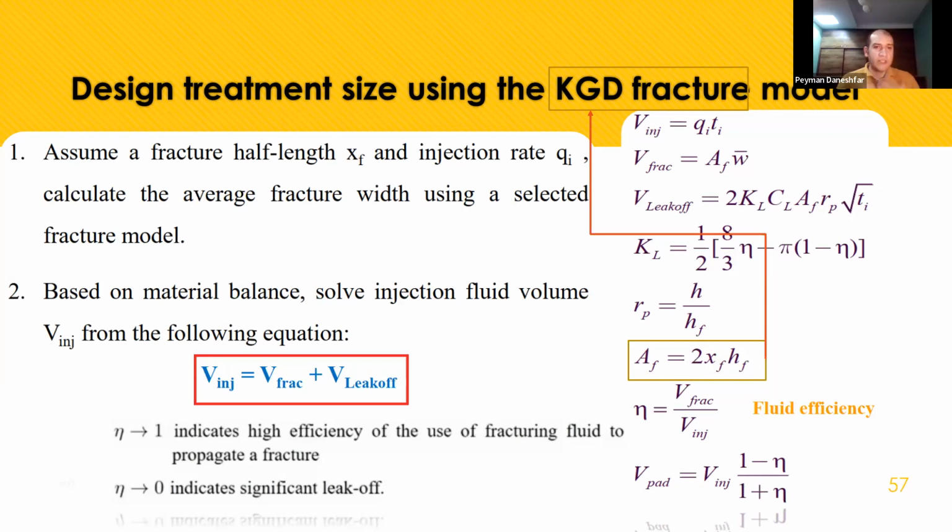If the fluid efficiency increases to 1, it indicates high efficiency of the use of fracturing fluid to propagate the fracture, and 0 indicates significant leak-off. If we have a leak-off, our fracture propagation may not be good.